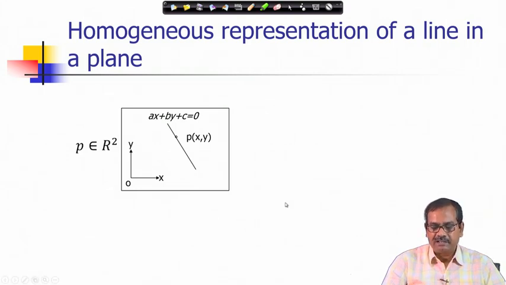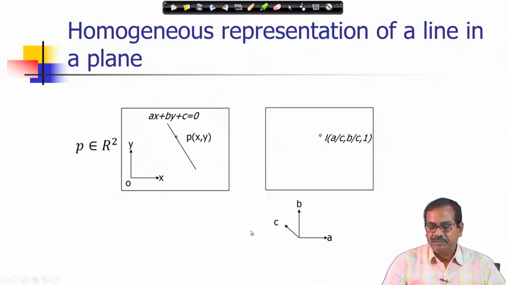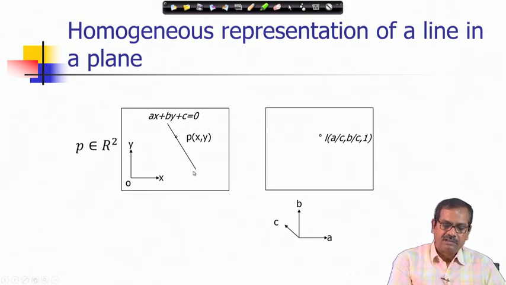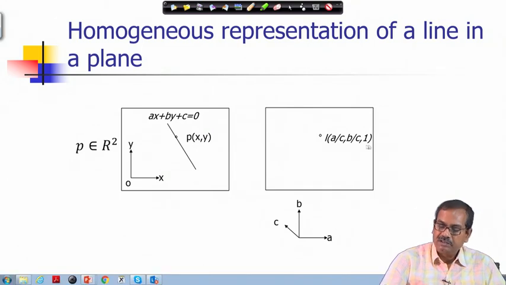So, what I can consider once again is a projective space, a different projective space which is representing only lines in this case. So, a line in this two-dimensional space is represented by a point in this projective space, following the same representation.